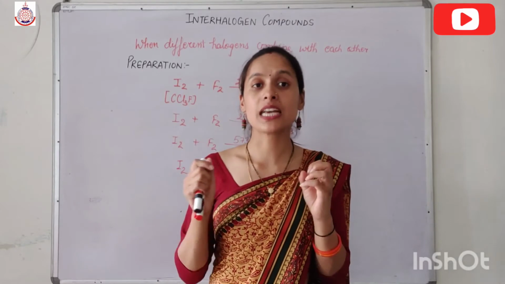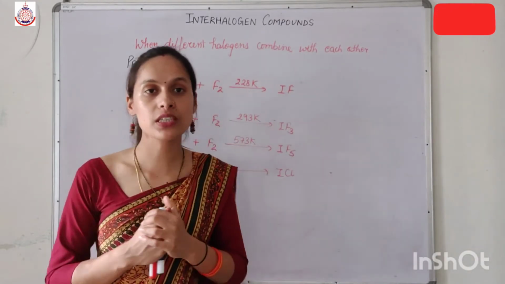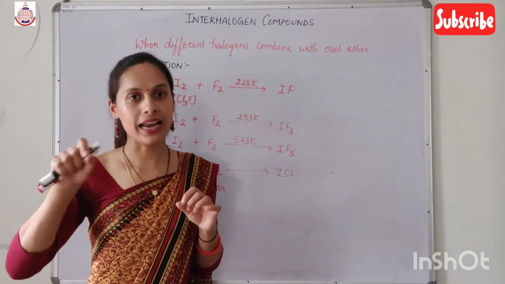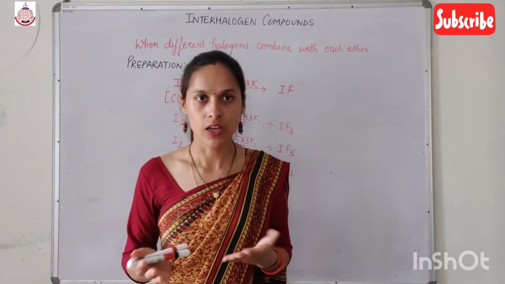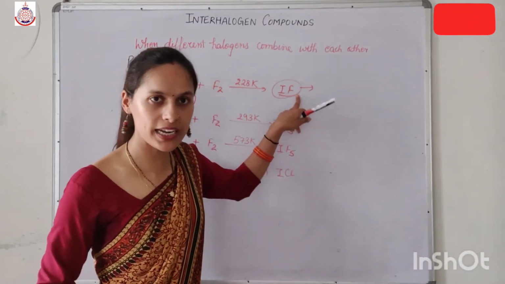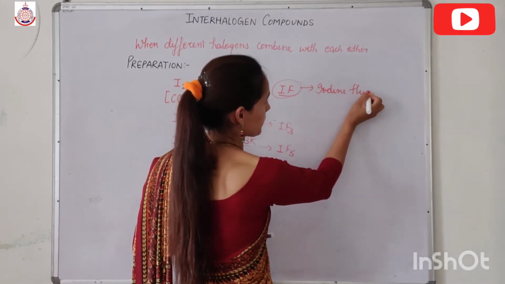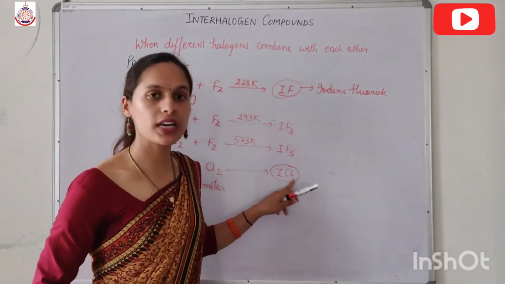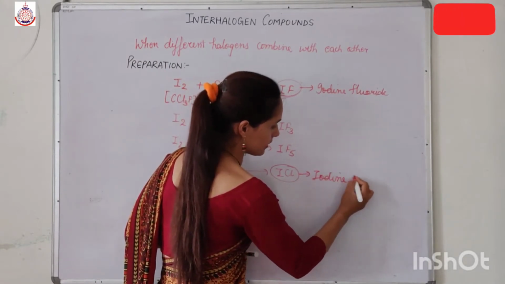And if we talk about the naming of the interhalogen compounds, they are named as halogen halides, where the halide represents the halogen which is more electronegative. Suppose I have IF. Out of I and F, fluorine is more electronegative, so it becomes iodine fluoride. Here Cl is more electronegative than iodine, so its name becomes iodine chloride.